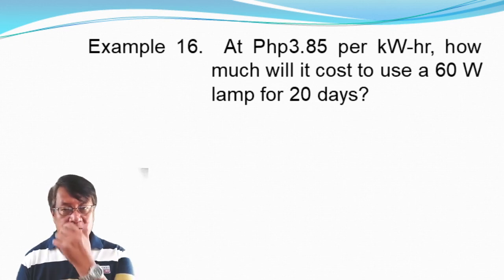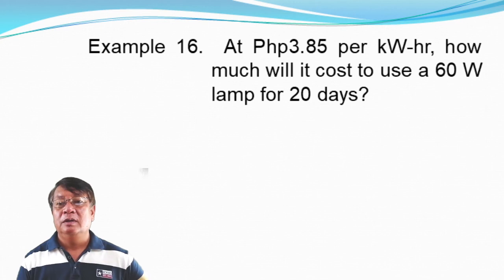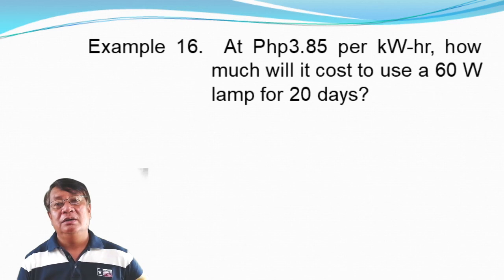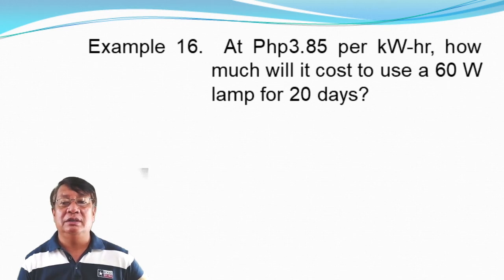What we have here is the amount per unit energy, per kilowatt hour. The power of our lamp is 60 watts, and we assume the operation is done within 20 days.